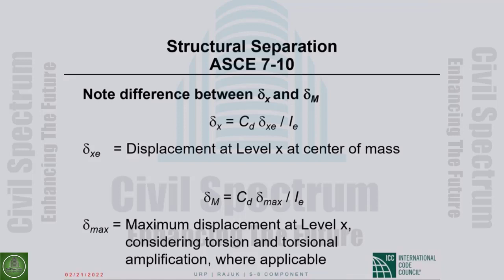Okay, under all of that, the maximum deflection will be somewhere along the edge of the building, and that maximum deflection is capital delta sub M. So in other words, the delta sub xe typically does not include the effect of torsion. Delta sub capital M includes the effect of torsion.